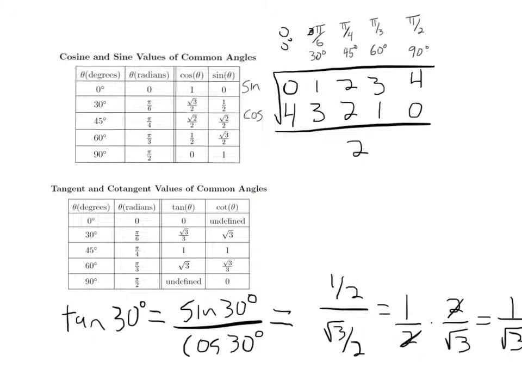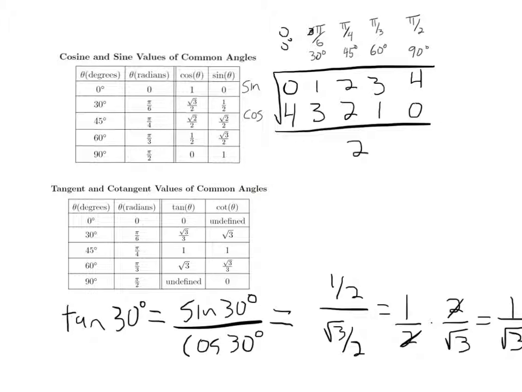And cosine of 30 degrees is square root of 3 over 2. And then the halves cancel. The halves will always cancel when you're doing tangent or cotangent. So you can just look right here. Sine over cosine. Square root of 1 over square root of 3 is 1 over square root of 3. So you can jump straight to this point. That information is right there.